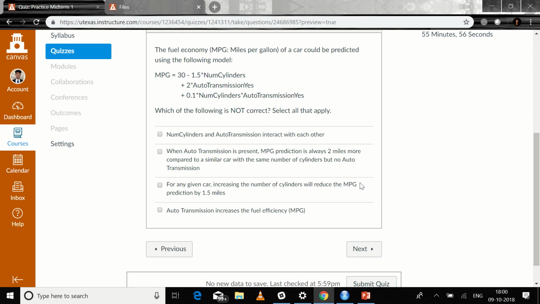Why? Correct, yes. And then auto transmission increases fuel efficiency, does it? It does, because both the variables that have auto transmission in it have positive slopes. So remember that when there is auto transmission, MPG is always high. So the correct answer would be this and this.